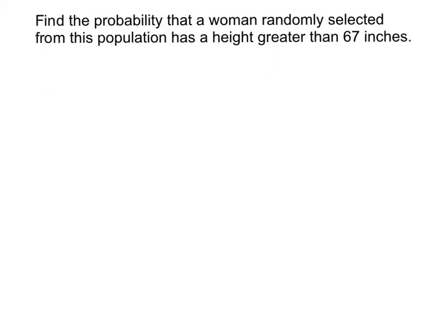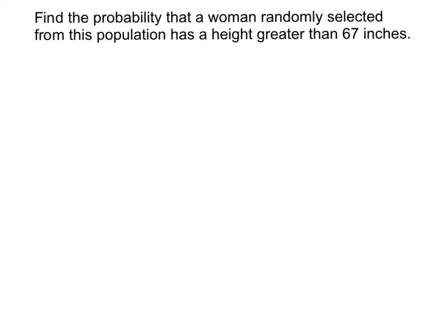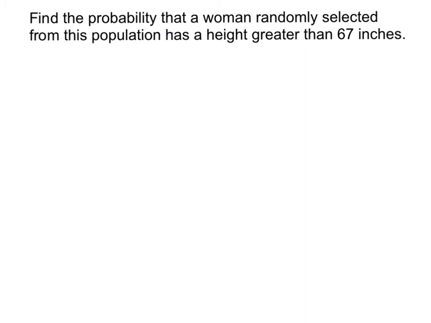So now let's solve the first scenario, where we know this population has a mean of 66 and a standard deviation of 2 inches. This is the question where we're just looking at one woman, and we're trying to find the probability that her height is greater than 67.